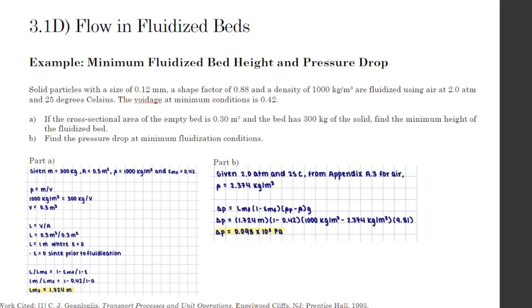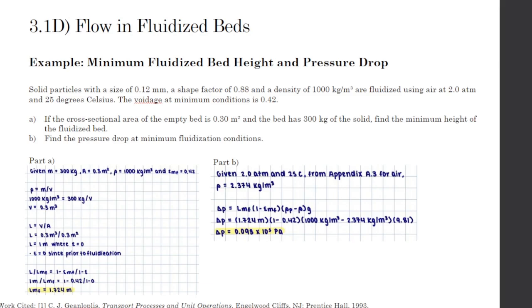Then we use the relationship that we explained in the earlier slides, where the L over the LMF, which is the initial bed height over the minimum fluidization condition bed height, equals 1 minus epsilon MF, which is your minimum fluidization porosity, over 1 minus epsilon, where epsilon equals 0.